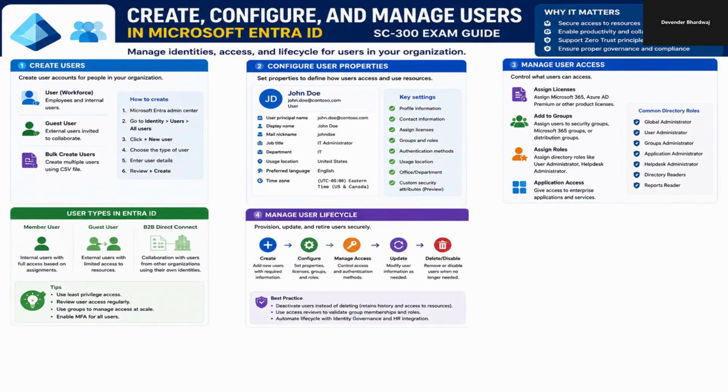When we talk about life cycle, a person joins our organization, we create his user ID and password and everything, and set the properties. Then we manage his access: which department he or she belongs to and what type of resources they will access. That comes under manage access.